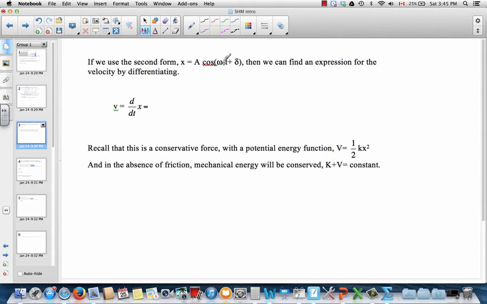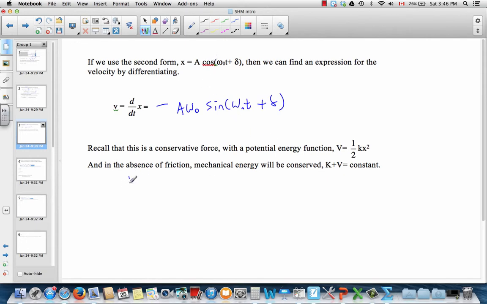Now, if we use that second form, we can find an expression for the velocity just by taking the derivative. We did that earlier. It's going to be minus A omega naught, which comes from the chain rule, times sine of omega naught t plus delta. Then we can work out the energy, the kinetic energy plus the potential energy, and show that it's a constant. The potential energy is 1/2 kx squared, and this is x.